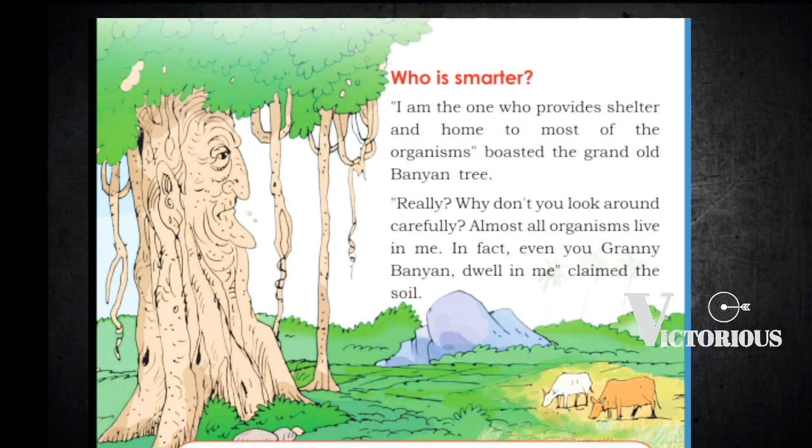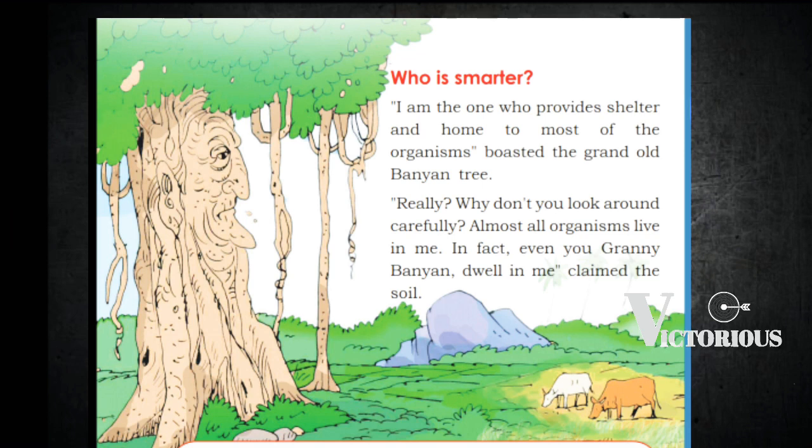Soil said wrong? Why did the soil say, why don't you look around carefully, almost all organisms live in me? So all organisms are living in soil? Yes, you said correct. The banyan tree also lives in soil, right? Where is the banyan tree standing? Standing on soil. That's why the soil said like that.